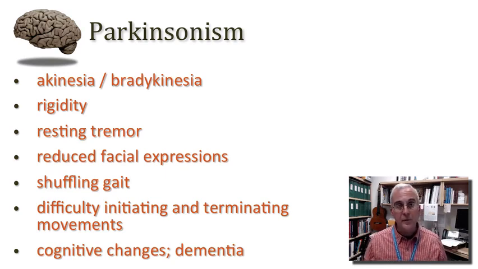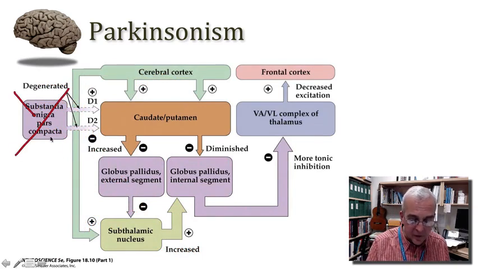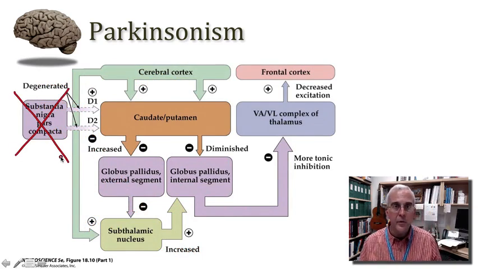Now, in idiopathic Parkinson's disease, we typically see these symptoms setting on after the fifth decade of life. The underlying neuropathology that makes it appropriate to consider this disorder here in this discussion of the basal ganglia is that in Parkinson's disease, there is a loss of these dopamine neurons that are so important for regulating the balance between direct and indirect pathways.